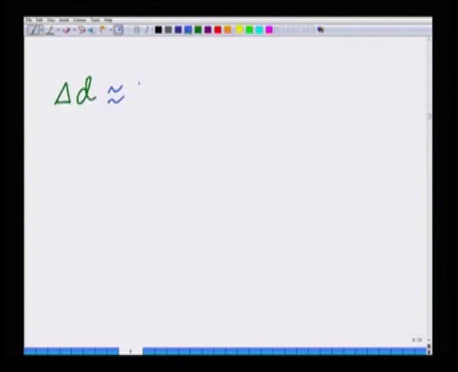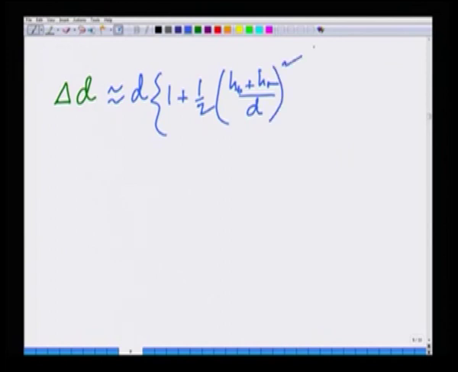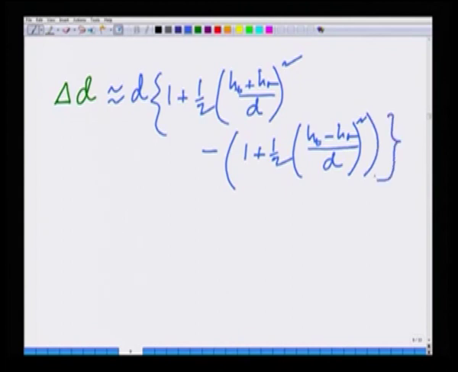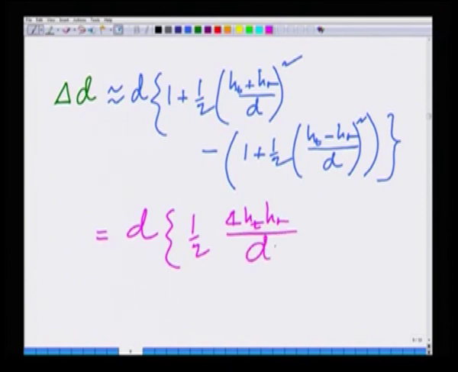Hence, delta d is approximately d into 1 plus half ht plus hr by d whole square, minus 1 plus half ht minus hr by d whole square, which is essentially equal to d times, if I simplify this, the ones cancel, this is a half of ht plus hr whole square minus ht minus hr whole square, which is essentially 4 ht hr by d square, which essentially is equal to 2 ht hr by d.